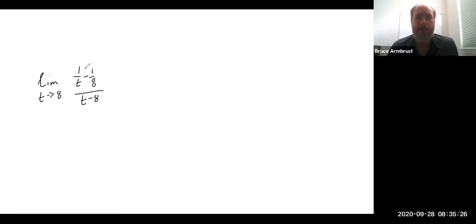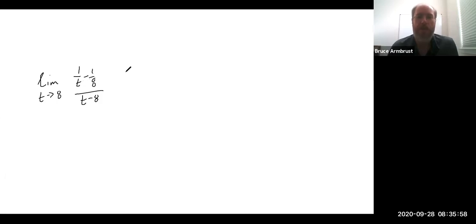And if there's any chance for me to get rid of fractions, I do. And this is a great situation where these fractions inside the bigger fraction can get eliminated quite easily. All we have to do is multiply top and bottom by the common denominator of these sub-fractions. If you look at 1 over t and 1 over 8, their common denominator would be 8t. Easiest way to make a common denominator is just multiply them together.